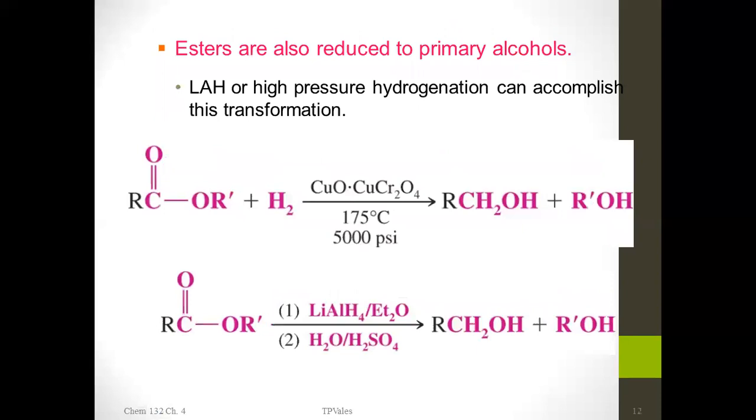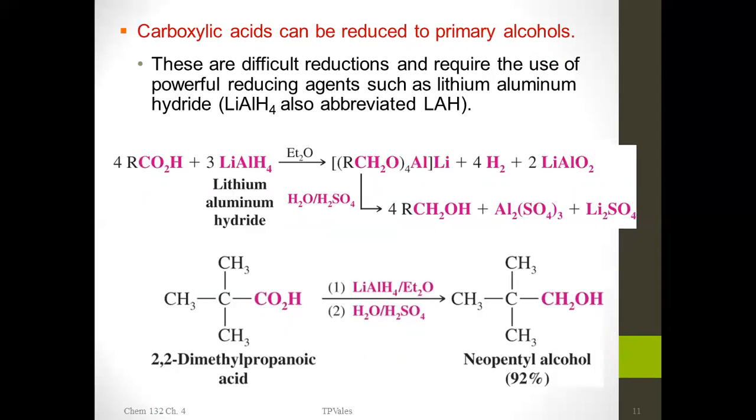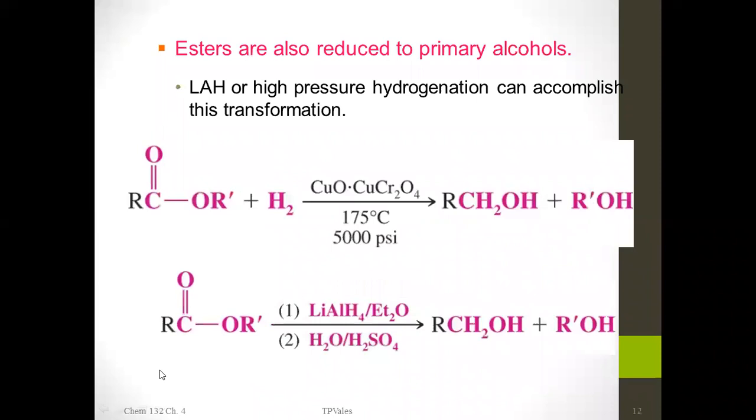So esters are also reduced to primary alcohols by using lithium aluminum hydride or high pressure hydrogenation. Remember, in the previous slide we used carboxylic acid with lithium aluminum hydride and diethyl ether. It's also possible with esters.